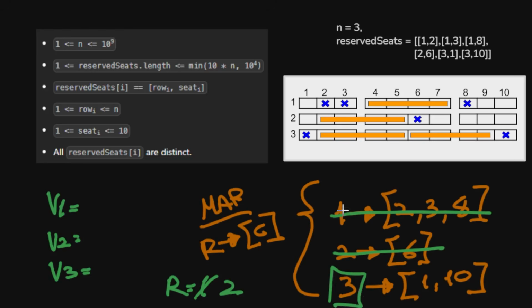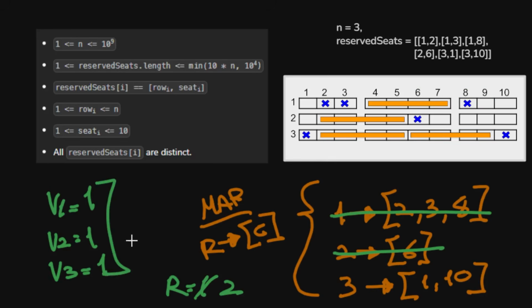Now we can iterate the last row. So for block number 1, we go from 2 to 5. We don't have any of these indices in this array, so the result here is 1. Next, from 4 to 7, we don't have any of these indices in this array, so the result here is 1. And next, if we go from 6 to 9, we don't have any of these indices in this array either, so the result is 1.